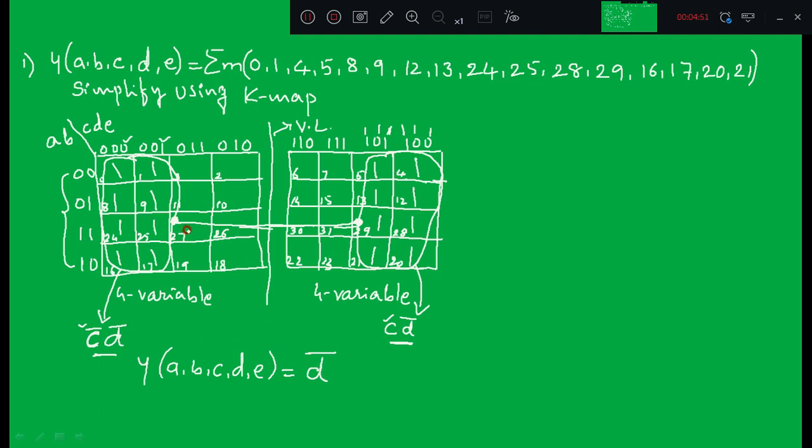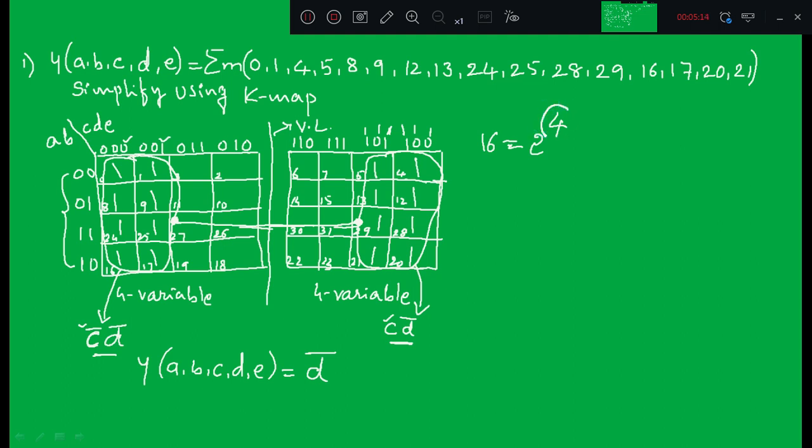You can also observe it in the group, right? Since these two groups are logically adjacent, you are putting all these 16 ones, these 8 ones and these 8 ones, in one group, right? So 16 can be written as 2 raised to 4.